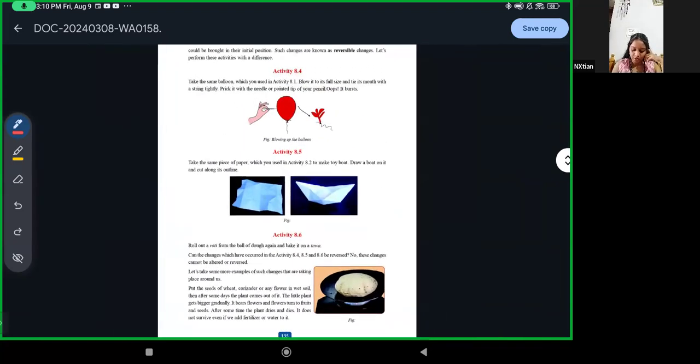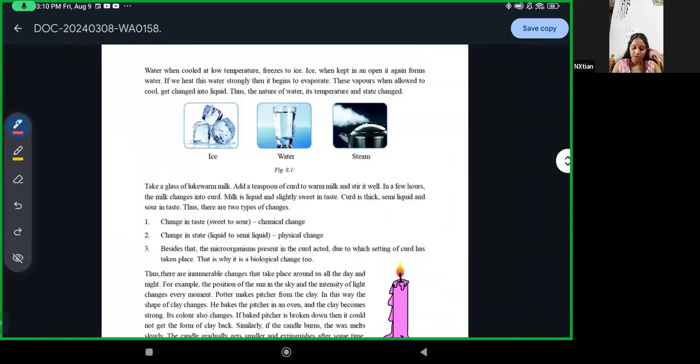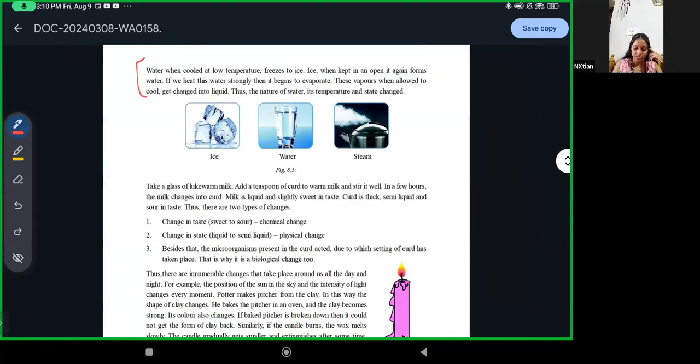Changes also take place in the form of solid, liquid, and gas. Let's take water. When it's cooled at a very low temperature, it freezes and becomes ice. When ice is left at room temperature, it again becomes water.